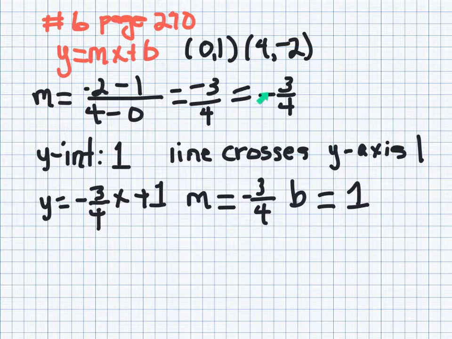And notice that because it was division, I pull my sign down to be in front of the whole fraction and not just the 3 there. The y-intercept is 1, which is right there. The line crosses the y-axis at 1. And then the equation of my line is y equals -3/4x plus 1. The slope m was -3/4, and b equals 1.